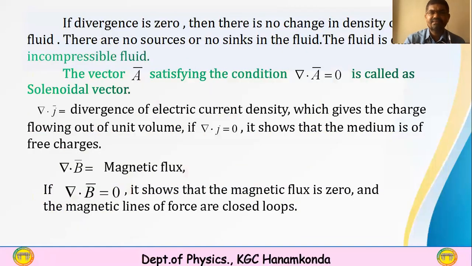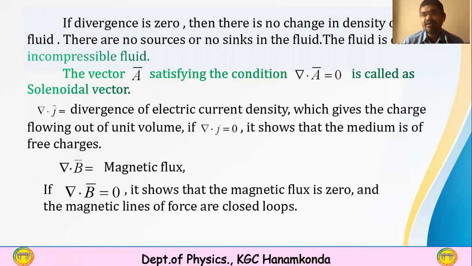If the divergence is zero, therefore the density remains constant. There is no change of density there. Therefore, there are no sinks, there are no sources. Therefore, the density is constant if the divergence is zero. Such types of fluids are called incompressible fluids.